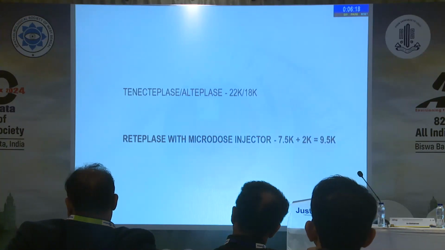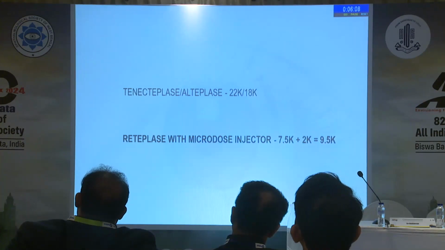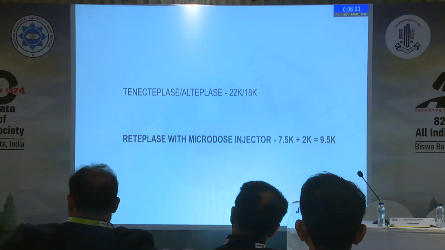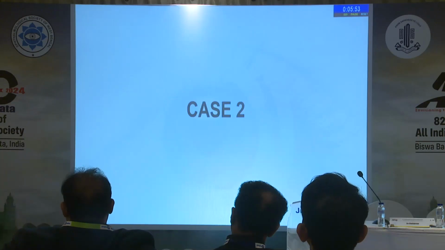Firstly, it is reusable if you ETO it, but even if you do not reuse it, per injection with the cannula, with a fresh vial, the recurring cost would just be 9.5 thousand rupees. So it eliminates the cost factor, and it also eliminates the learning curve.